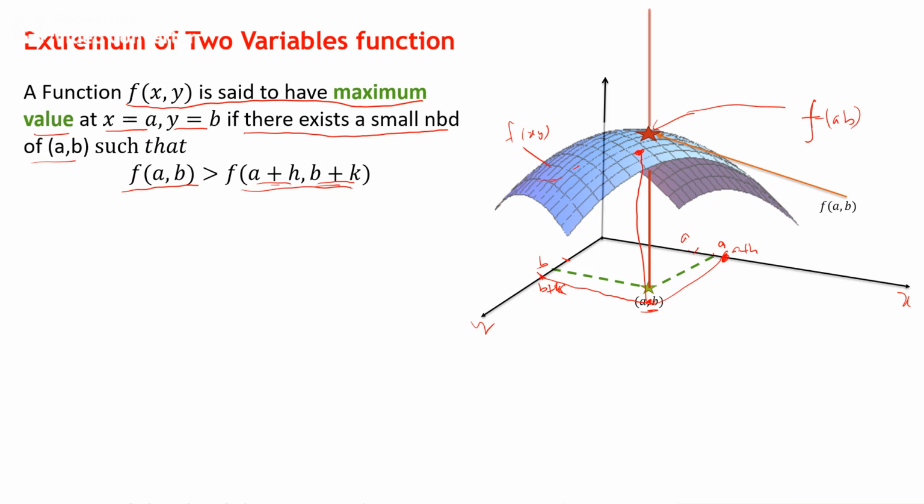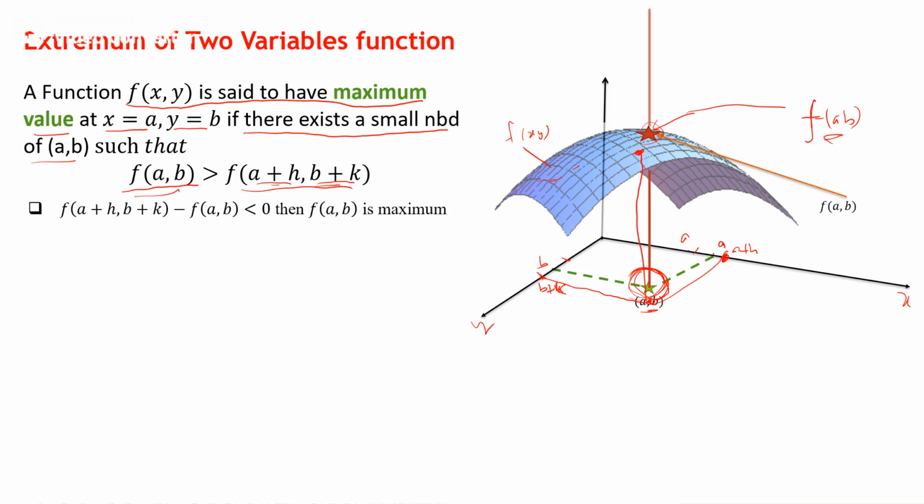If the value of the function at (a, b) is greater than the values at all the neighborhood points around that particular point, and the corresponding values are lesser than f(a, b), we can say at that point the value is maximum.